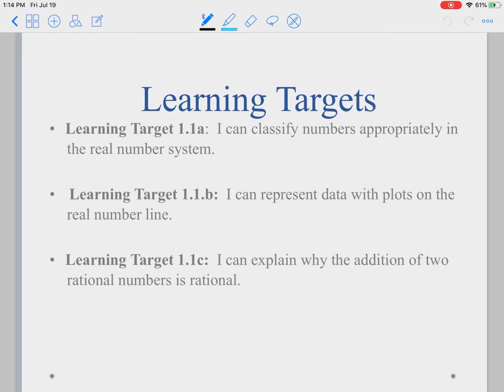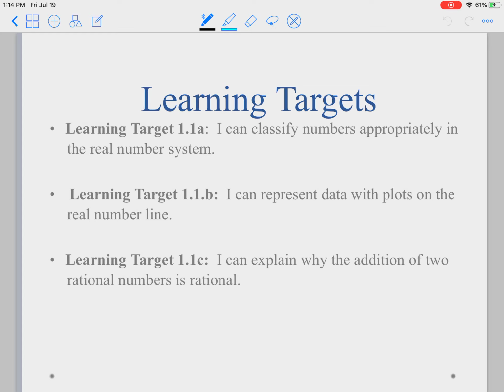You will be able to follow these learning targets all the way through both this unit and the examples, as well as the exit slip and practice problems that you will be working on. If you understand these learning targets, then you will be prepared for any content and questions that may be associated with them. So our first learning target, 1.1a, is I can classify numbers appropriately in the real number system.